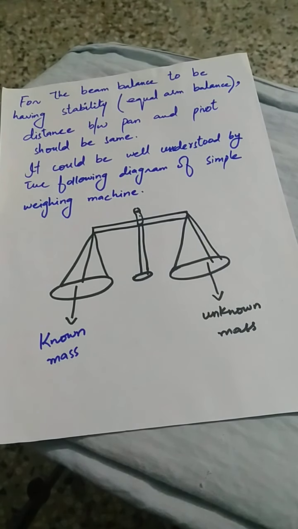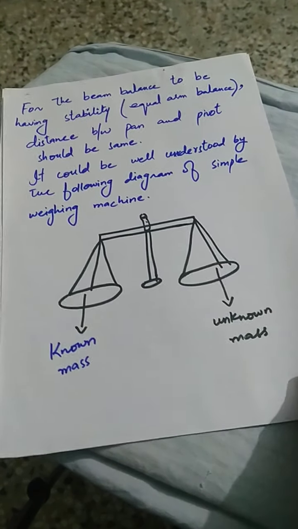This device is normally seen at vegetable shops or meat shops. The shopkeeper places the known mass in one pan, and in the second pan puts the unknown mass, and when they become equal, that's how the mass of the unknown object is measured.